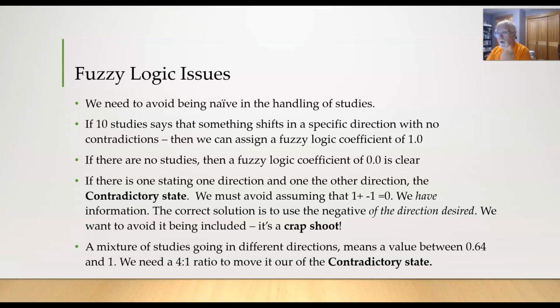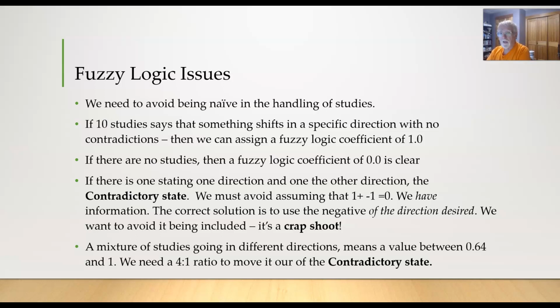So we want to exclude items where we have a known risk to the use of it. Simple as that. It's not a 0, because 0 means we don't have any information. Here we have information, but the information is unclear.